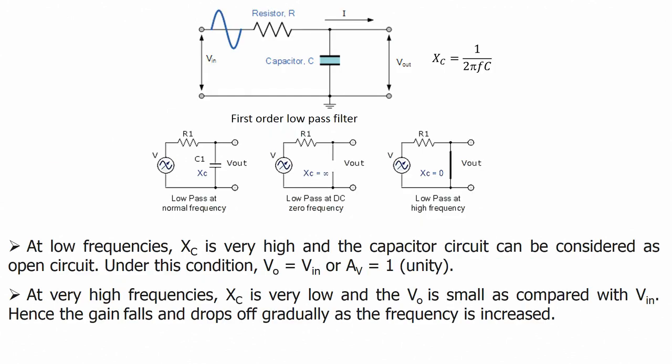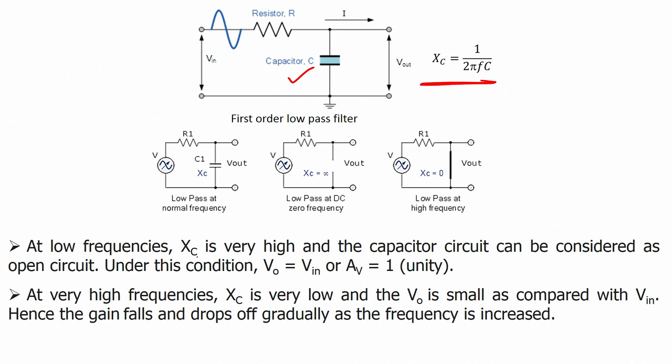Now, if I want to design this filter, it is very simple. I use one resistor, I use one capacitor, I apply a voltage, and you know the formula Xc equals 1 upon 2 pi f C for a capacitor. So, what will happen for low frequency? The capacitor will not conduct.